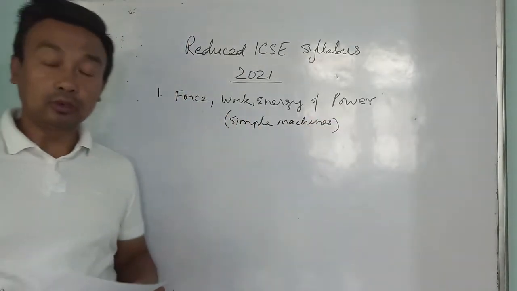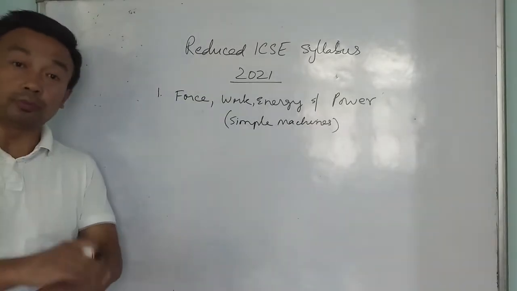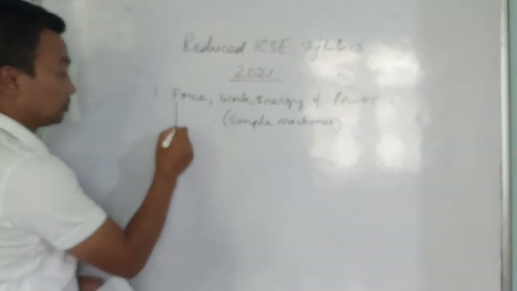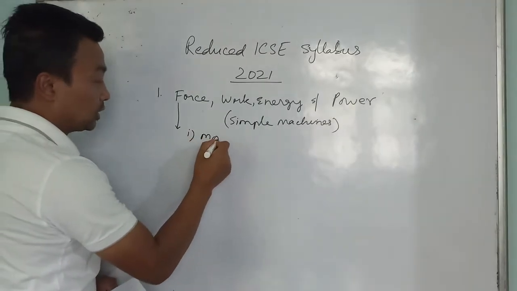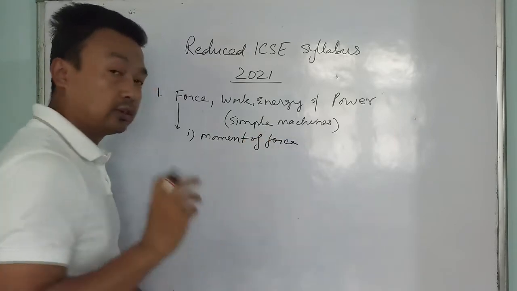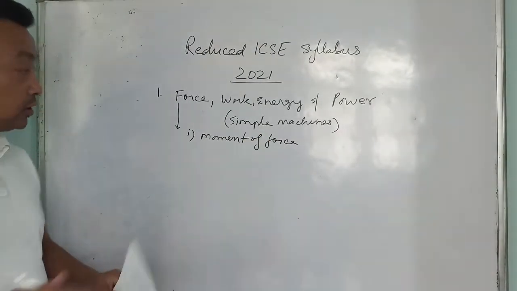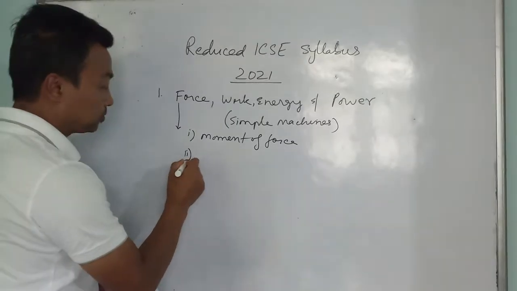In the first chapter, if you look at your textbook, in the chapter force, you have only two topics that you have to learn. Number one is moment of force, which we have already finished. That is a turning torque or the turning effect of a force. Then you have uniform circular motion.